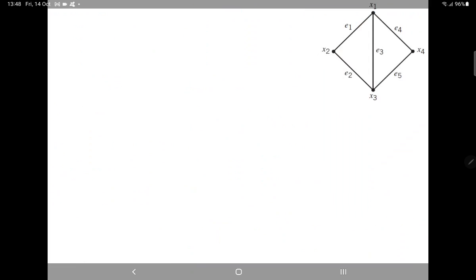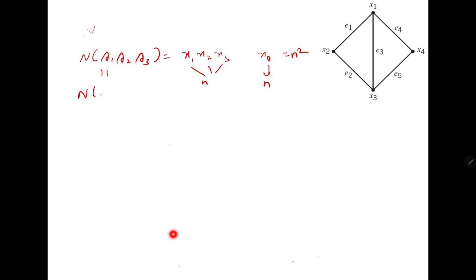Now if I have to compute n of AI AJ AK, then again there are two choices. The first choice is, if I consider n of A1 A2 A3, you can see that the endpoints covered are x1 x2 x3, n choices, and x4 n choices, which is n square, and it is equal to n of A1 A3 A4. In both the cases I will get n square.